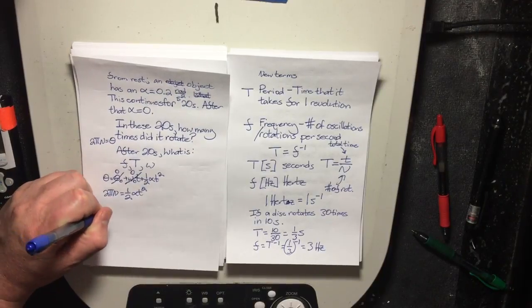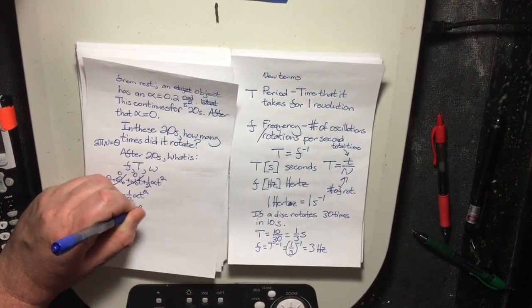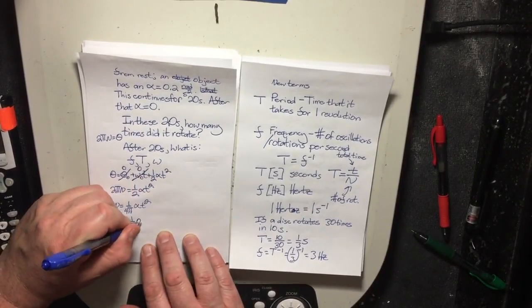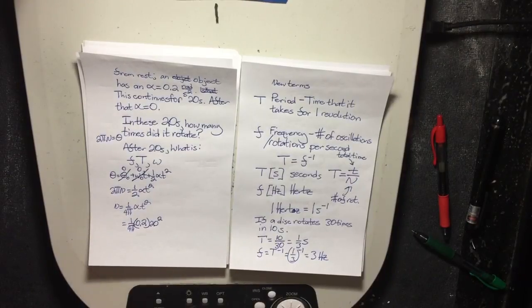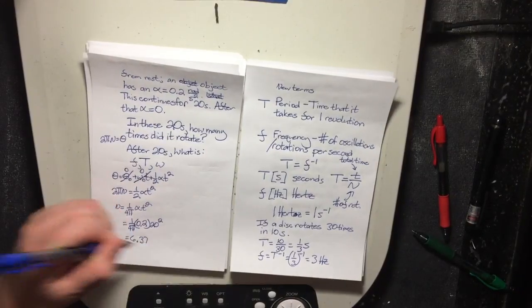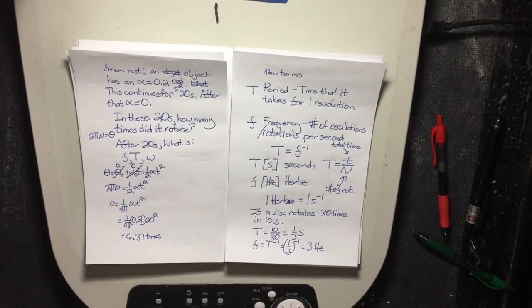So we can solve for n. n is 1/4 pi alpha t squared, so 1/4 pi times alpha 0.2 times t 20. 20 squared is 400. 400 divided by 4 is 100. 100 times 0.2 is 20. 20 divided by pi is 6.37 times. Not very many times, but that's just the problem.